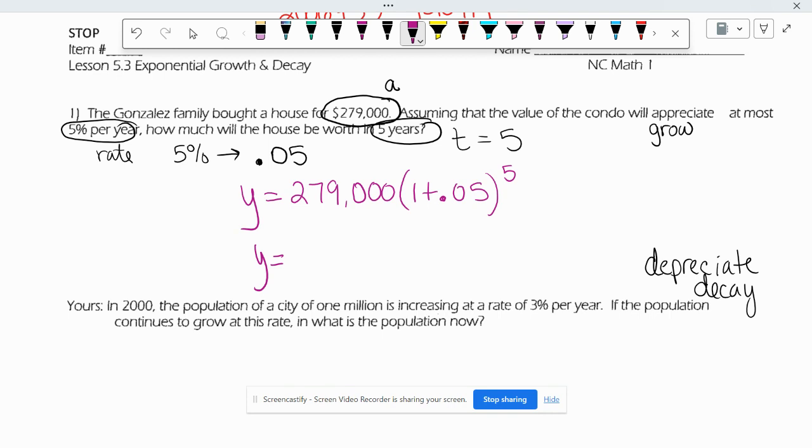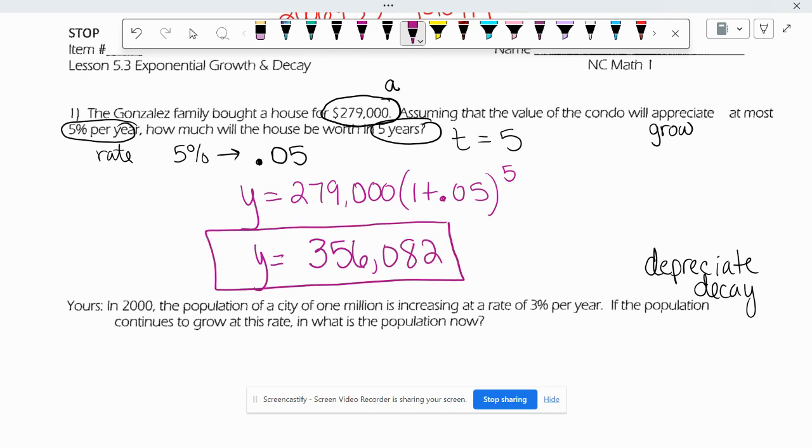And your 279 went down? Oh, okay. Very good. So $356,082. You just said it wrong, hon. Perfect. Okay. So the value of your house after 5 years, $356,082.